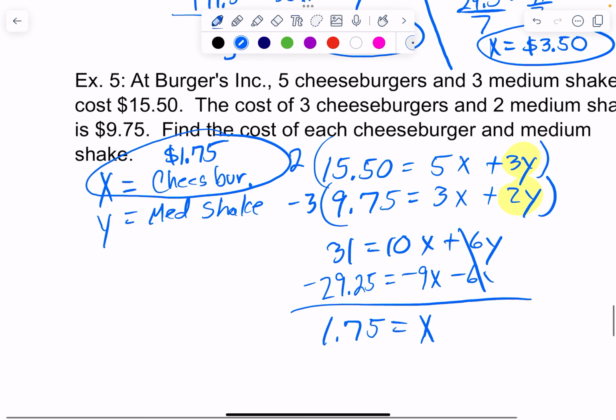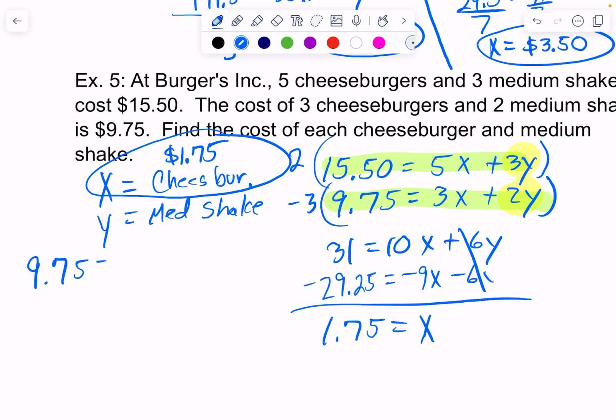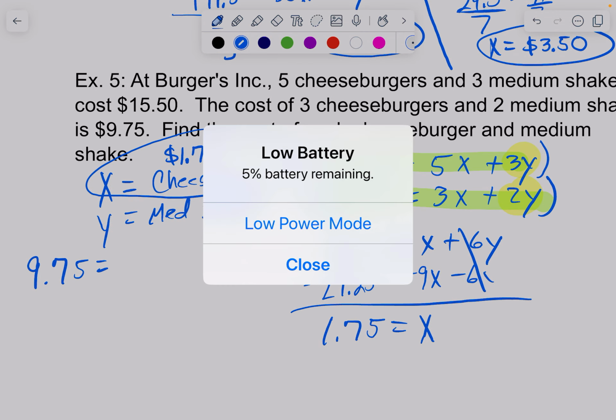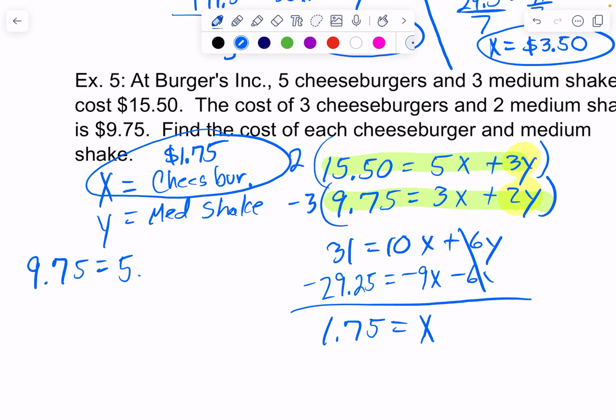Now I plug in that X value into either of the original equations I started with. So this is pretty simple. I'm going to go ahead and choose to plug it into the second equation. So I've got 9.75 equals 3 times 1.75, which is 5.25, plus my 2y.